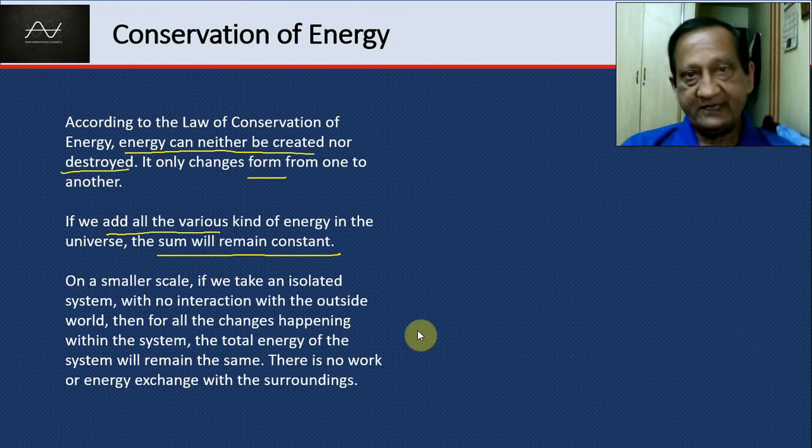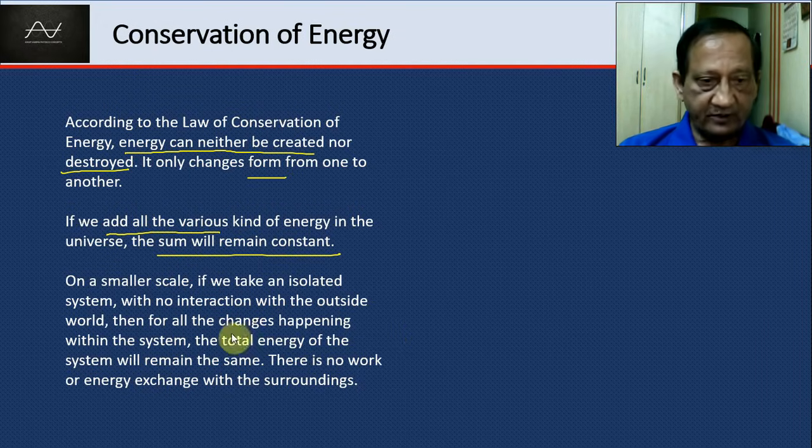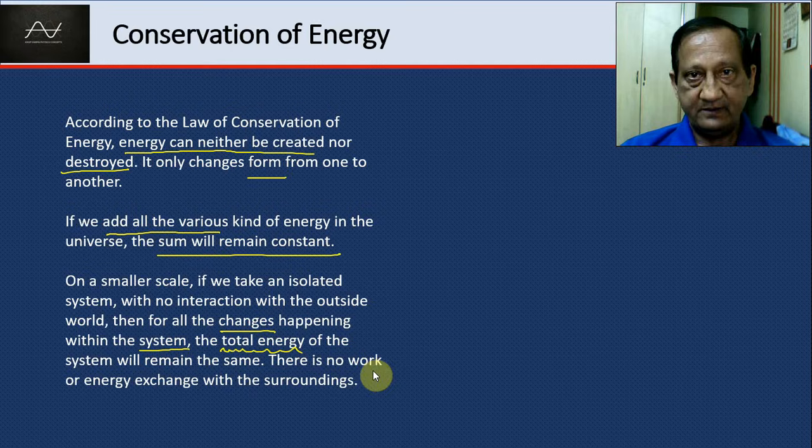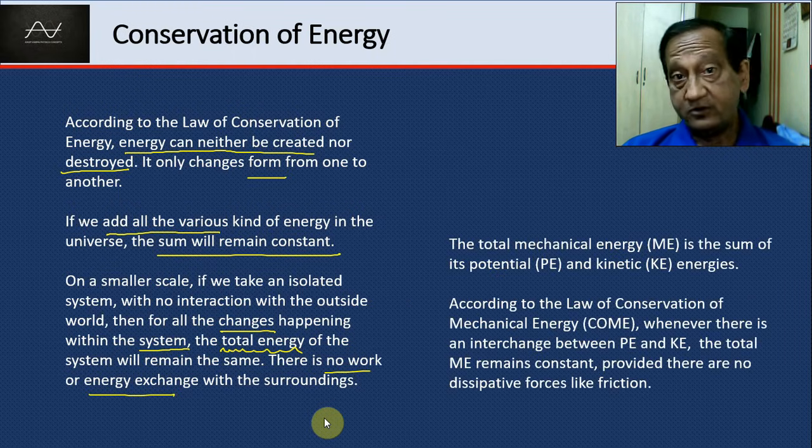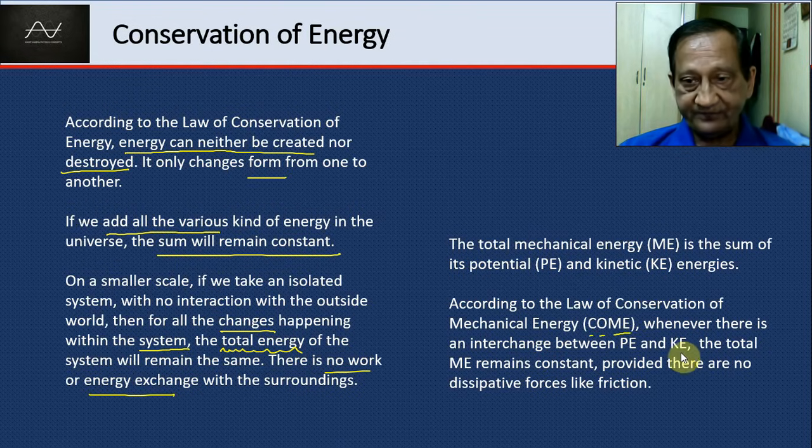At a smaller scale, if I take an isolated system which has got no interaction with anyone, then for all the changes that are happening within the system, the total energy of the system will remain the same, and there's no work or energy exchange with the surroundings. A corollary of this is conservation of mechanical energy, which we frequently write as COME, conservation of mechanical energy.